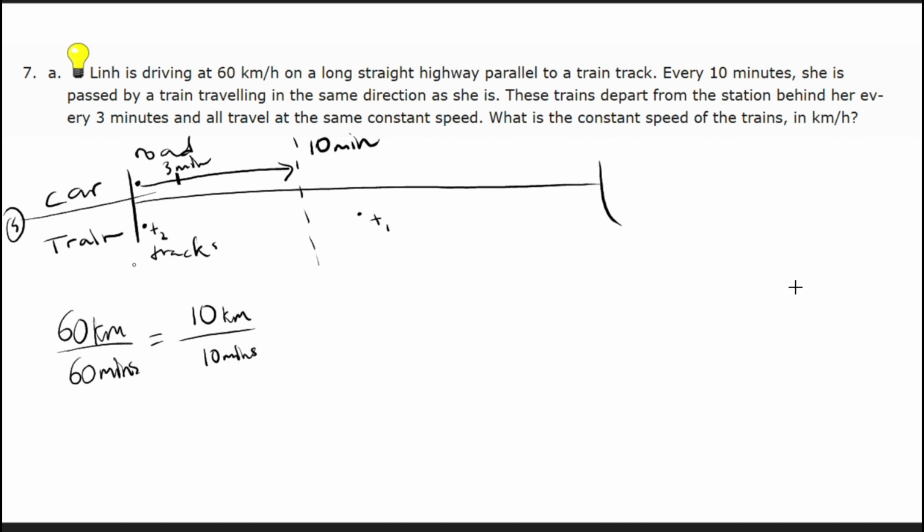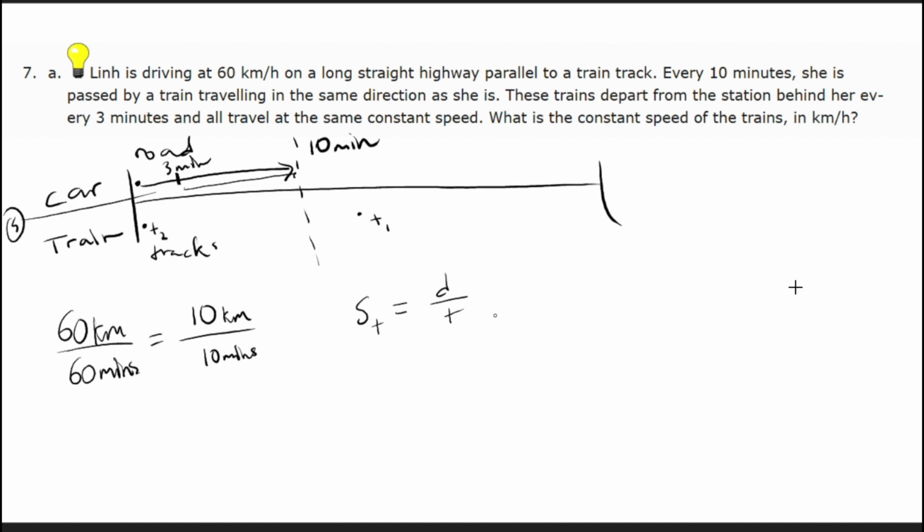Meaning that the train needs to travel 10 kilometers in this time frame, 7 minutes. Well, if the train covers that much distance in that much time, what is speed? It's distance over time. So the speed of the train, let's call it S sub t, is going to be the distance over time.